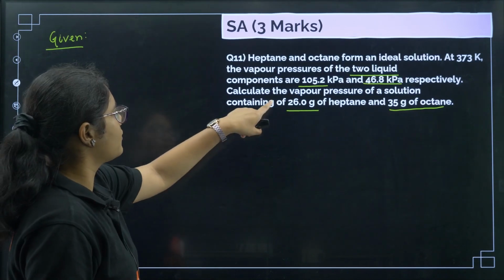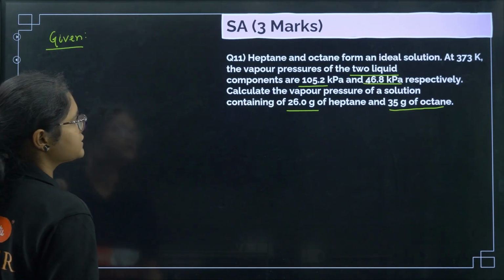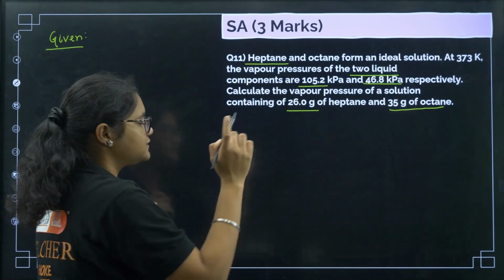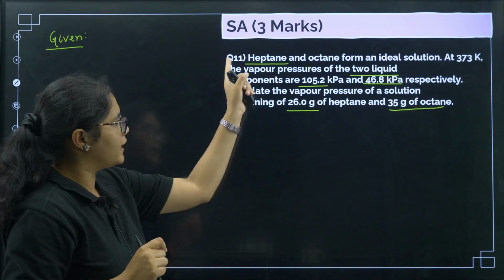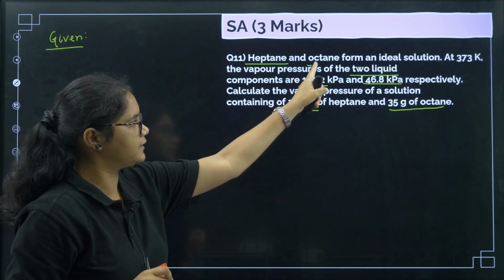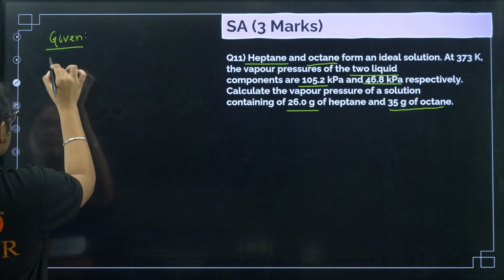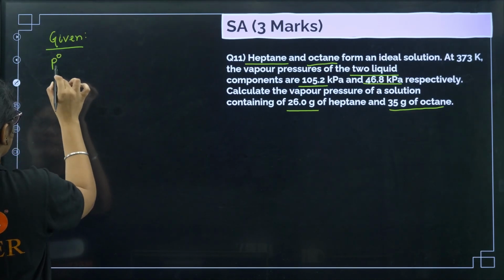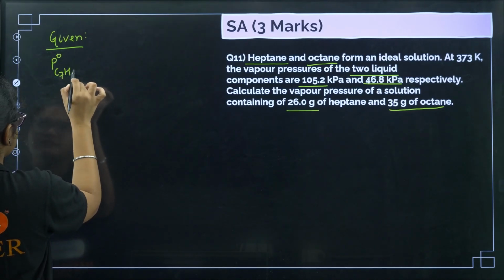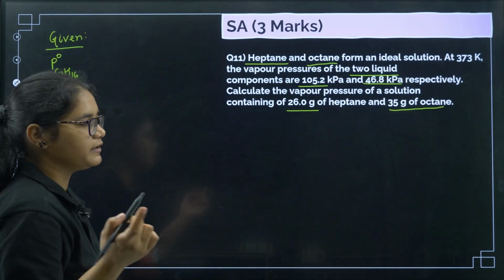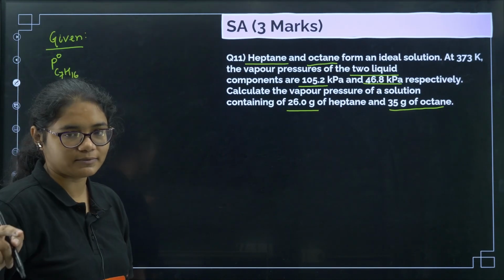Now while taking these values, be very careful. Heptane data should be taken correctly, then octane data should be taken correctly. So we have the pressure of heptane. Heptane means C7H16, right? We have the alkane formula CnH2n+2, so 7 twos are 14, plus 2 is 16.